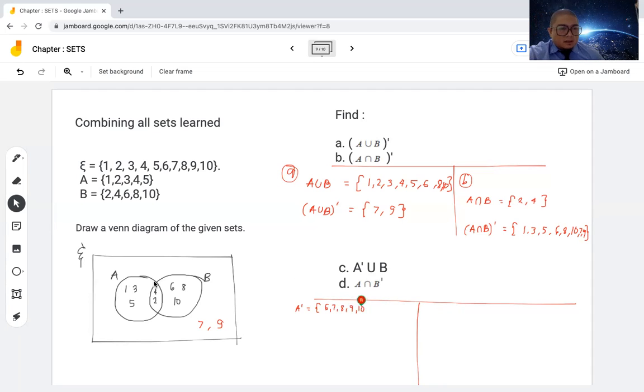If you don't have a Venn diagram, all you need to do is look here, and you will see that these are the numbers 1, 2, 3, 4, 5, which means that the complement will be 6, 7, 8, 9, 10. And for B, all you need to do is to just write down the elements 2, 4, 6, 8, and 10.